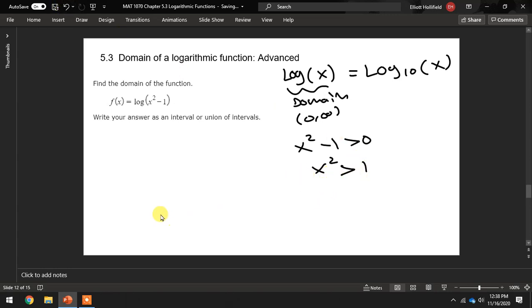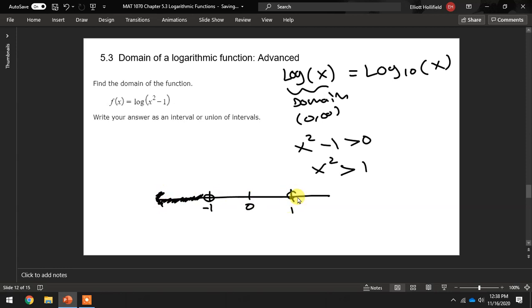When is this true? Let's draw a number line here to help motivate this. This is -1, here will be 0, here will be 1. What numbers can we square and have the output be bigger than 1? Well, for example, -2 times -2 is 4. That's bigger than 1. And so any number that lives to the left of -1 will actually satisfy this inequality.